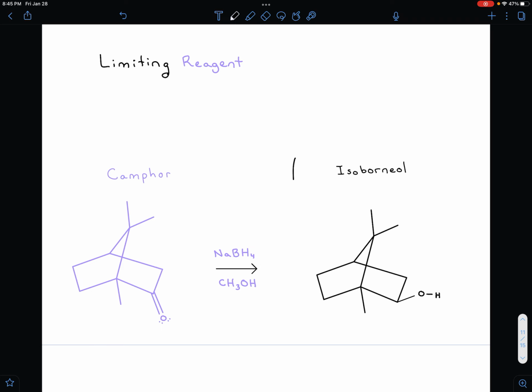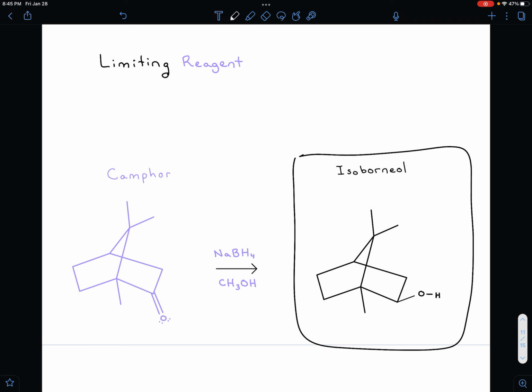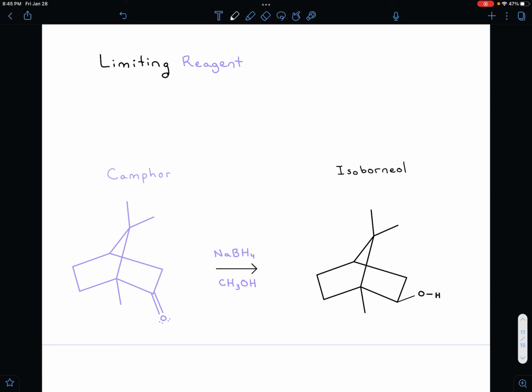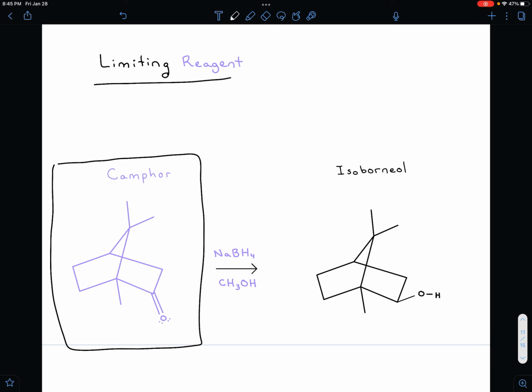How much product we could theoretically make is limited by the first reagent that runs out. That reagent is called the limiting reagent. And in our experiment, the first reagent that runs out is camphor. So camphor is our limiting reagent in this experiment.